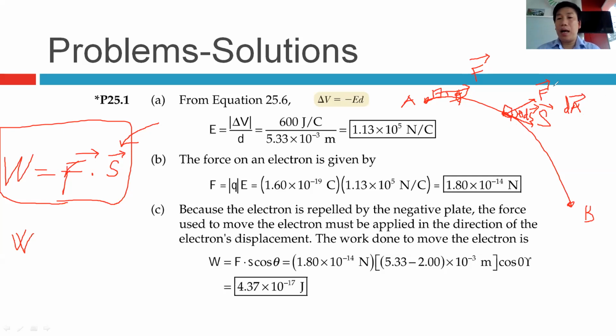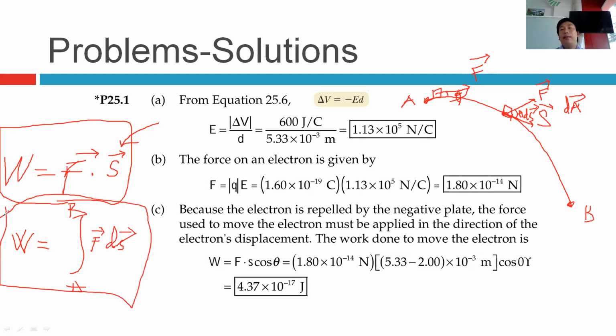If you get the total dA, you get the sum of dA. But the distance is continuous, so the sum now is the integral of F ds from A to B. And this is the general formula to calculate work in case the distance is bent, not straight, so you can apply this formula.